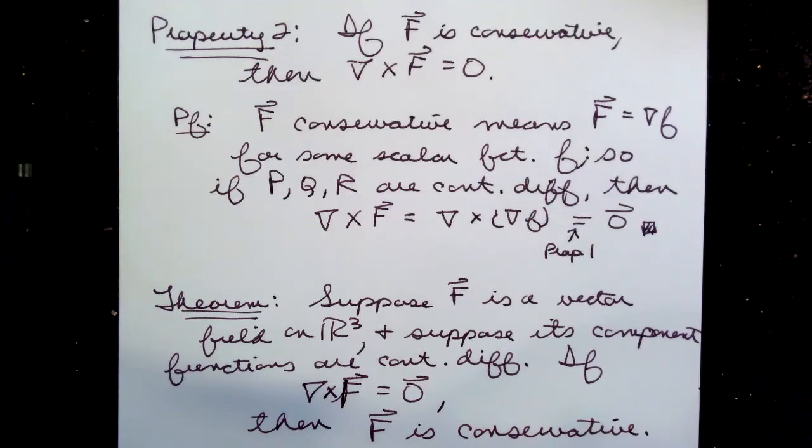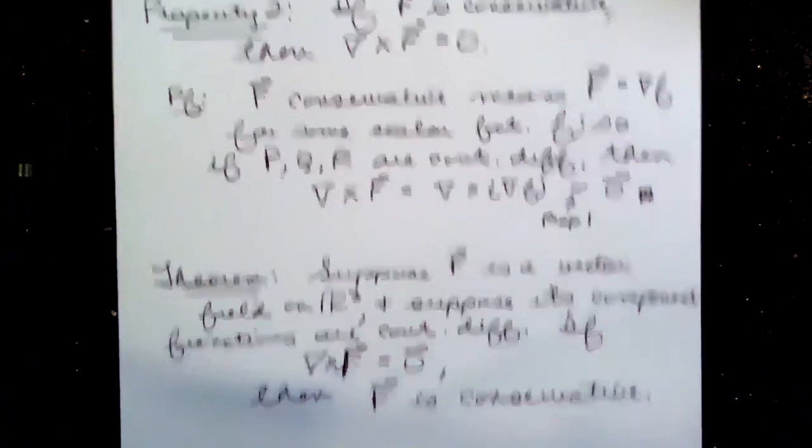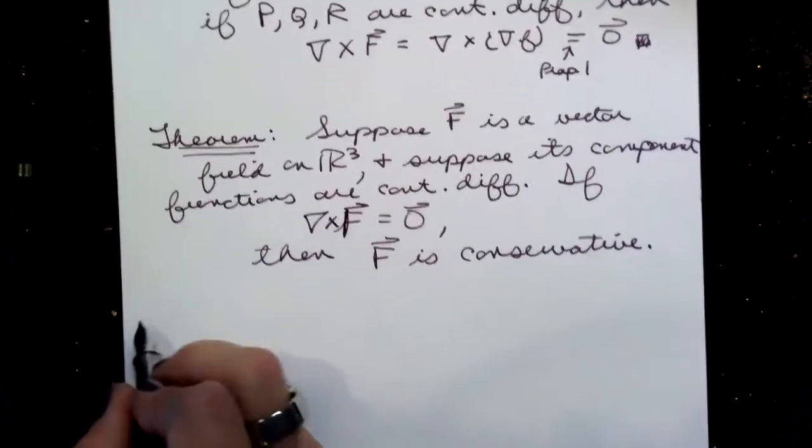Okay, so if you look at vector fields whose component functions are continuously differentiable, then the curl being 0 is equivalent to the vector field being conservative. That's what property 2 plus this theorem tells you. But the proof of the theorem is too hard for us at this point. We don't have enough tools to do that. Okay. What's another property of curl and divergence that we're going to want to use?